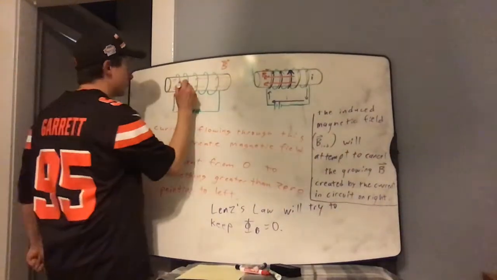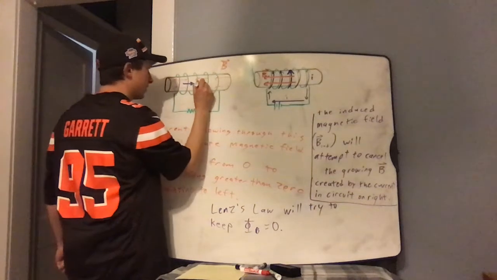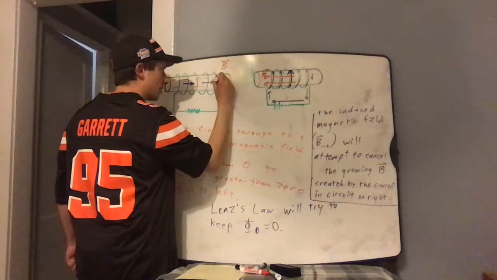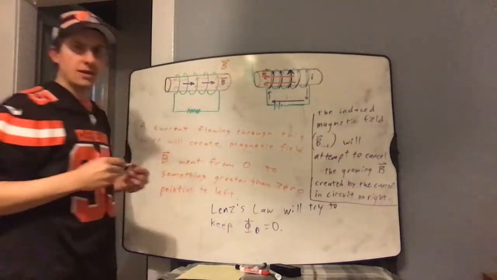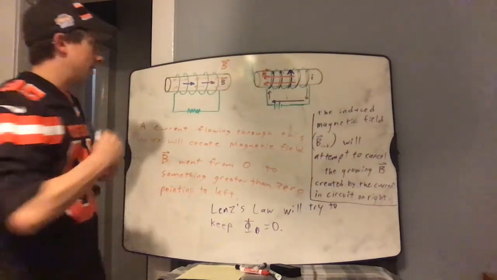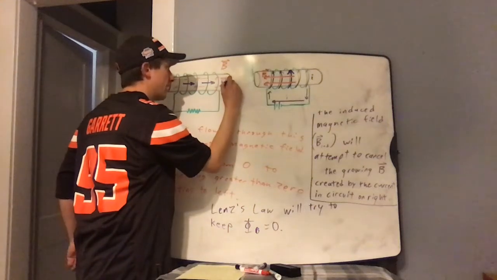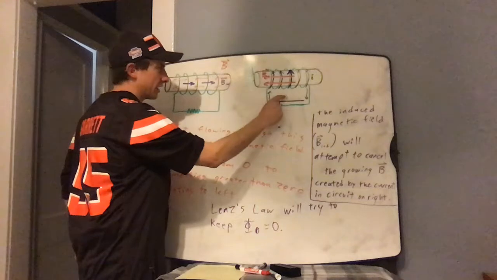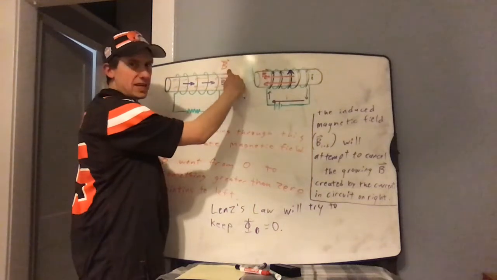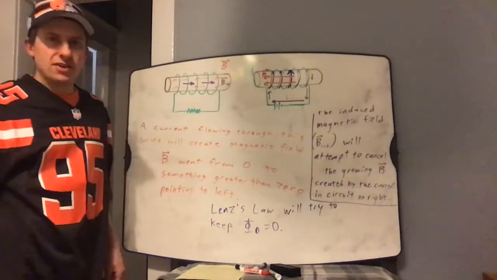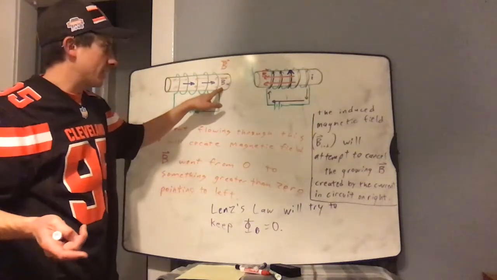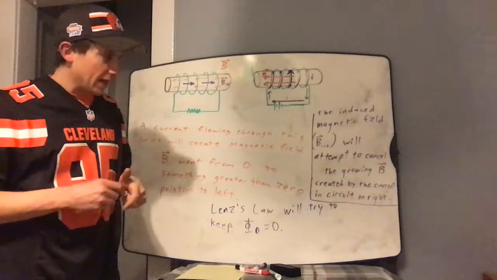So B induced is going to point to the right. So we have two magnetic fields. We have the magnetic field created by this current, which is B that I drew in red. Then we have B induced, which is the second magnetic field that I drew here in purple.